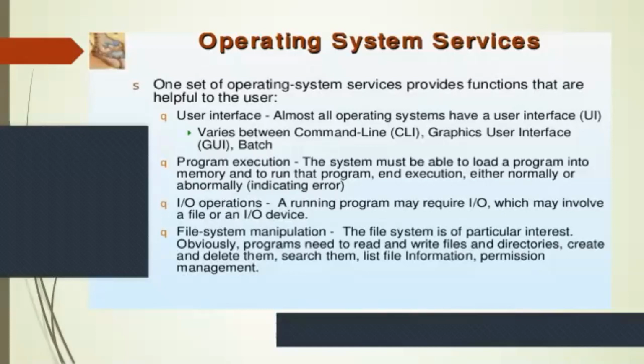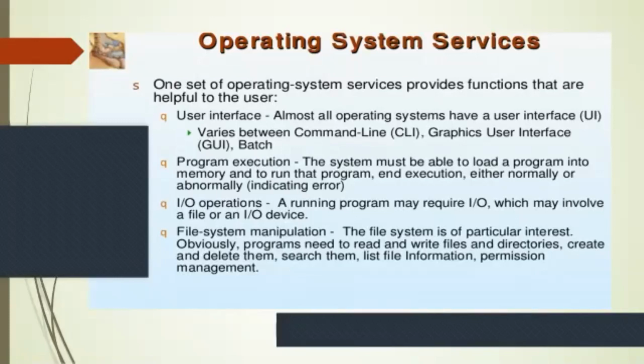Now, program execution. The system must be able to load a program into memory and to run that program and end execution either normally or abnormally, indicating error. That means one of the operating system services is program execution.